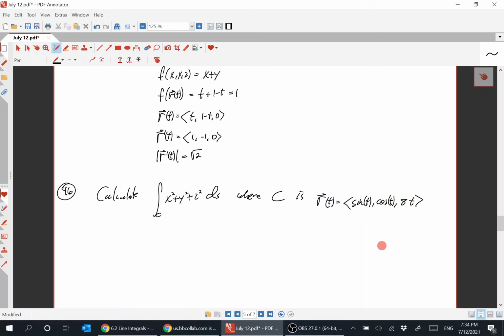So this is that helix curve, 0 less than or equal to t, less than or equal to pi over 2. So it's only a half a turn of that helix. So it's right here.